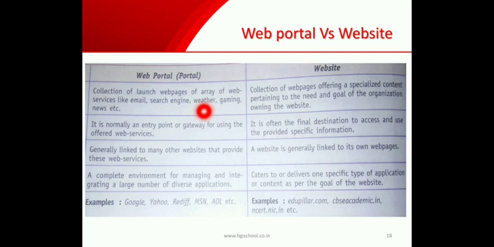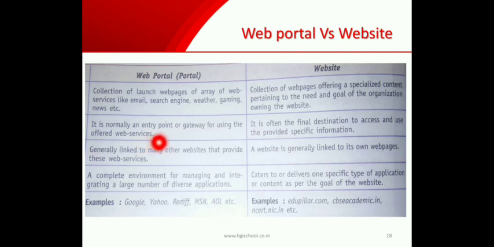then weather forecasting, gaming, news and many other things like Google Drive, Google Groups, Google Images, Google Videos, etc. All these are shown on the web portal. It is normally an entry point or gateway for using offered web services.